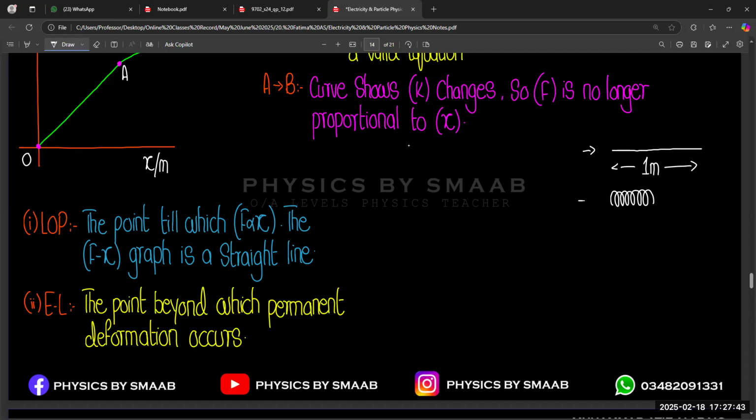This is the initial condition. This is the final condition of the wire. So definitely when you stretch this spring, it can maximum extend to 1 meter, right? Because 1 meter is the length of the wire originally. It cannot extend further than 1 meter. It will extend like 1.001 or something, but not a very prominent change.